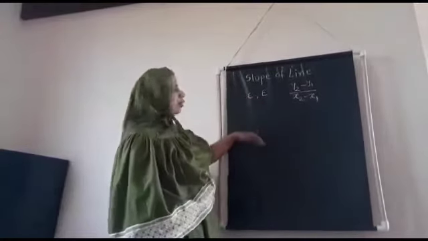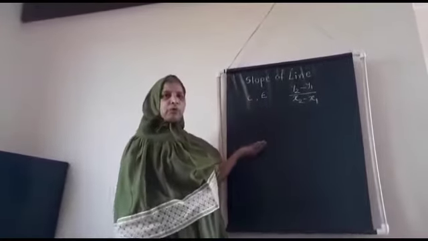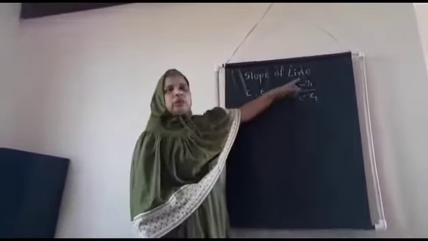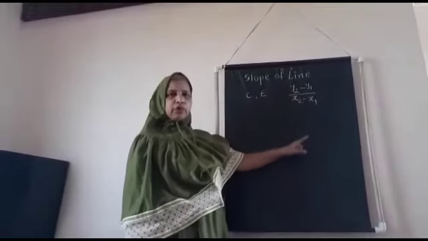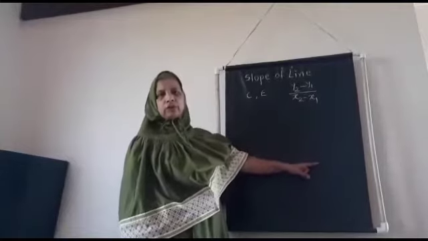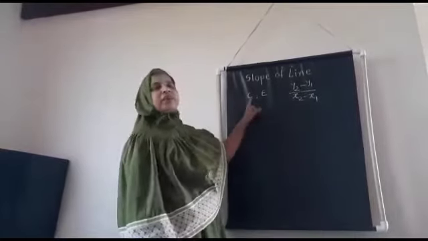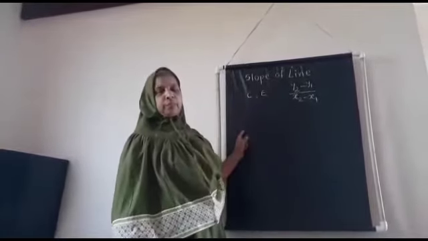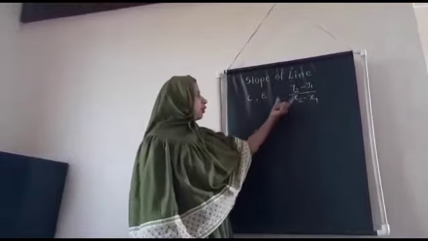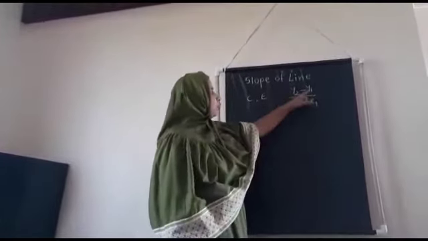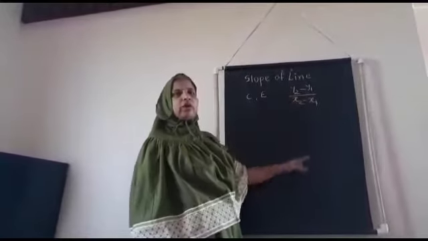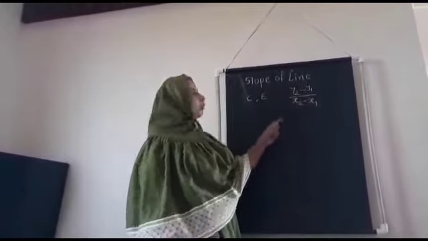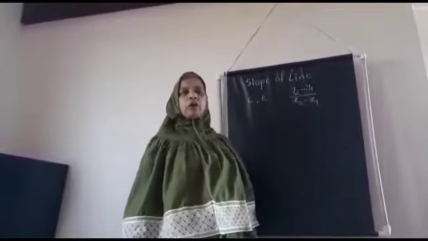Similarly, for some more pairs of points, if we follow the ratio y2 minus y1 upon x2 minus x1, we come to know that the ratio is constant because all the points lie on the same line. This shows that the ratio y2 minus y1 upon x2 minus x1 is constant for all the collinear points, and that is the formula for slope.